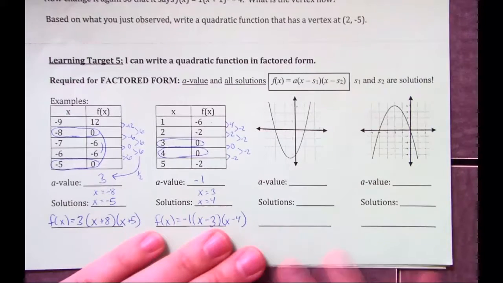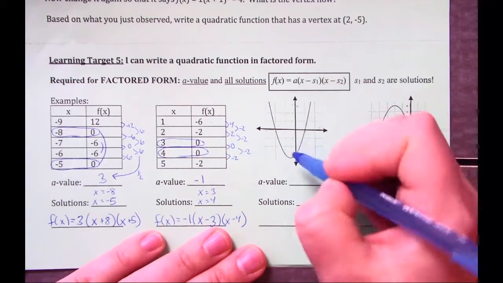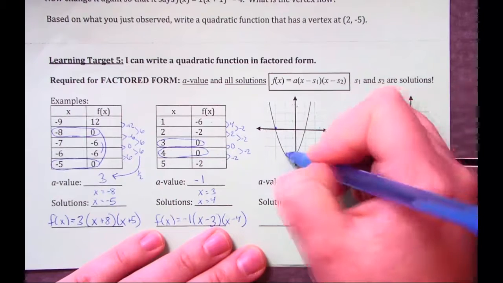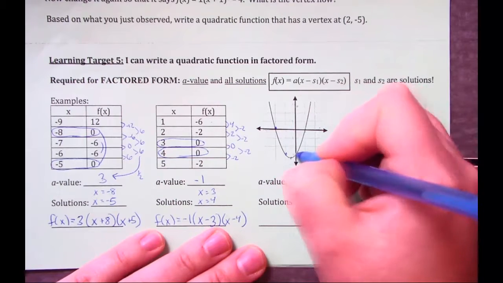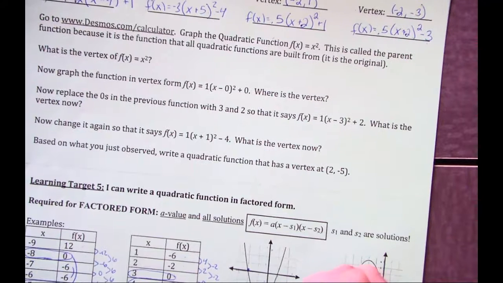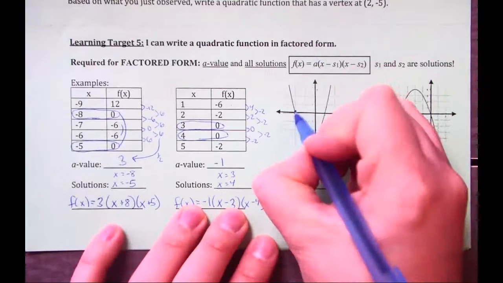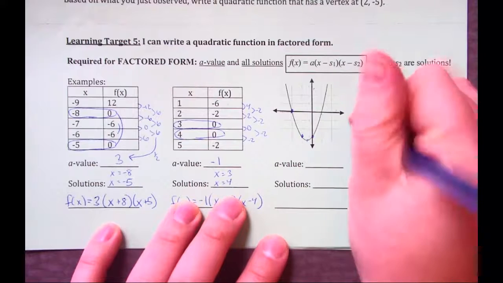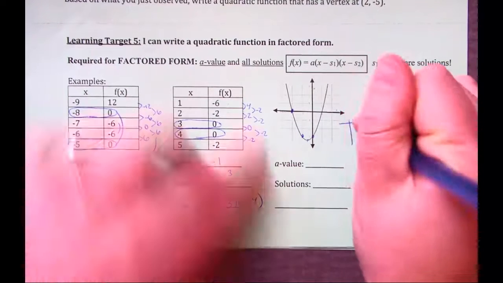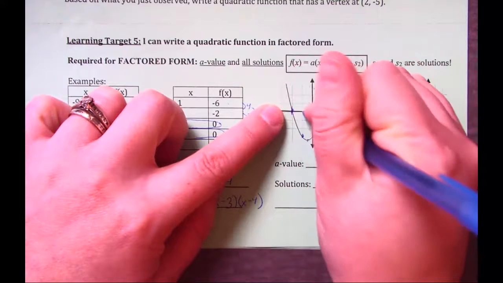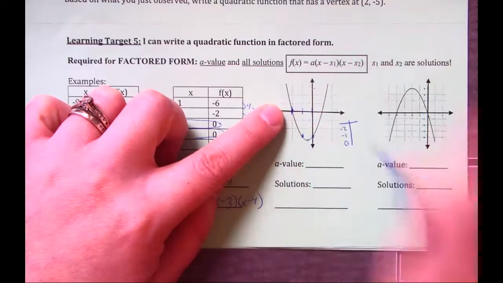Over here, if you look, there's not 3 points in a row. This one, and then this one's, well, I guess there are 3 points in a row. There, there, and there. So we can use this point, and this point to find the a value. So if you look, we're going to use -2, -1, and 0. Here, here, and here.